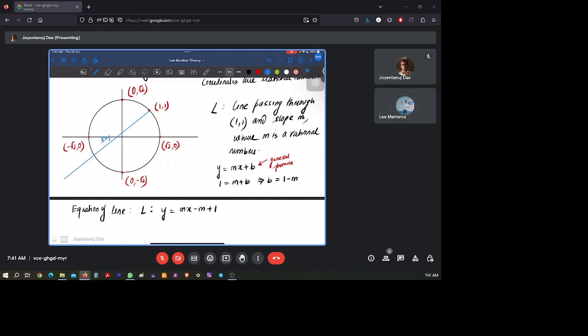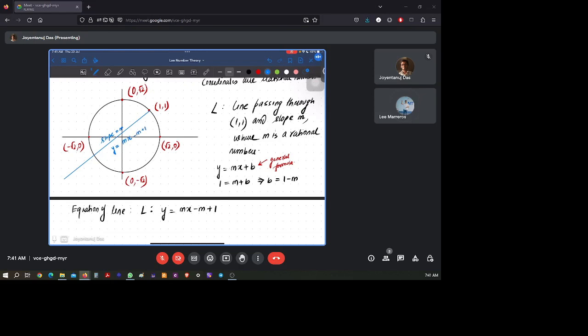That line does not have to pass through 0, 0. No, that is not needed. I can choose any m, so I can choose this line also. It only needs to pass through 1, 1, and the slope is m.